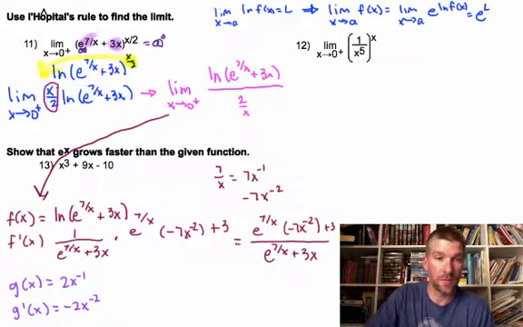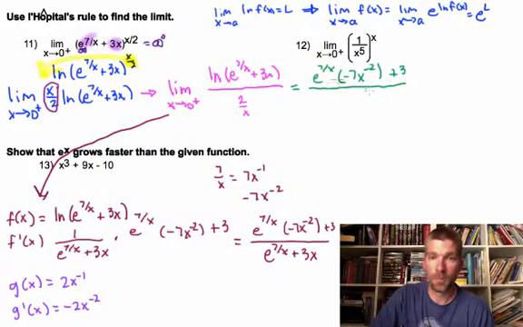We have a change in our problem now because we've taken the derivative. And so I end up with e to the 7 over x times negative 7x to the negative 2 plus 3 over e to the 7 over x plus 3x.